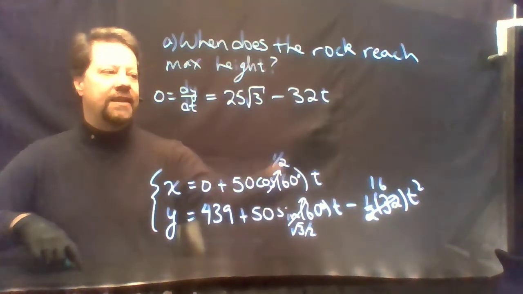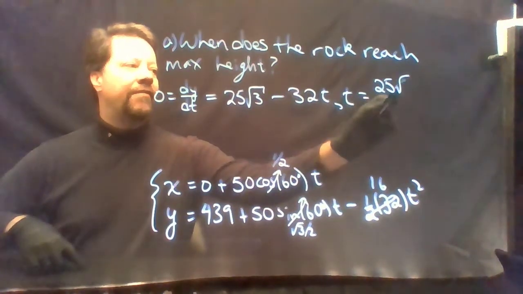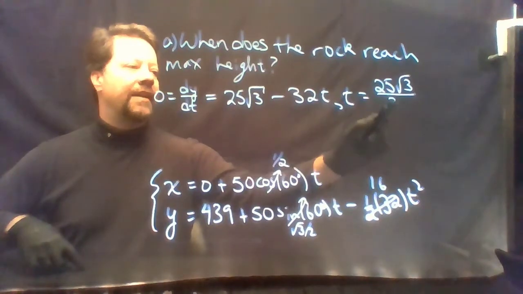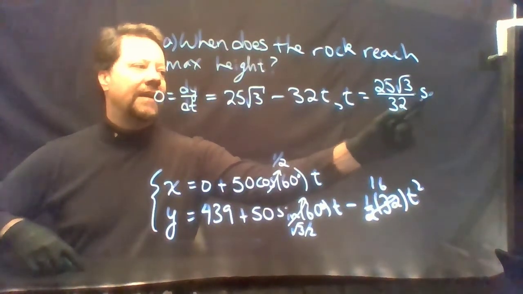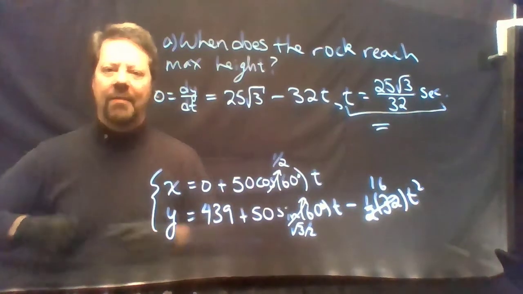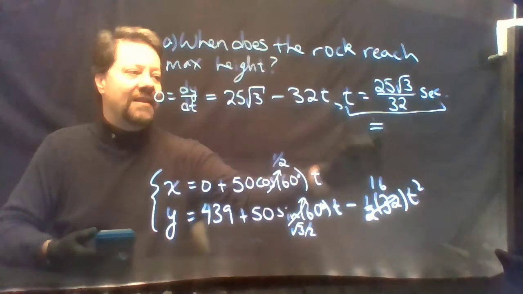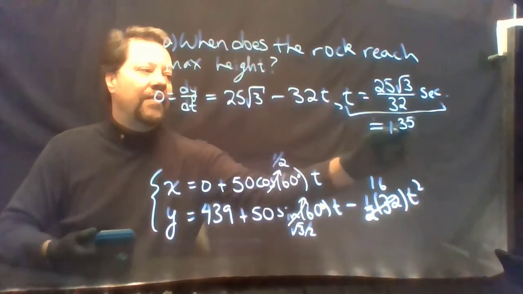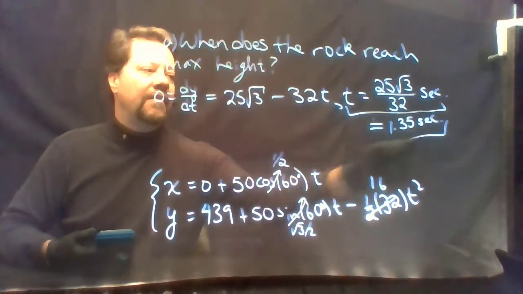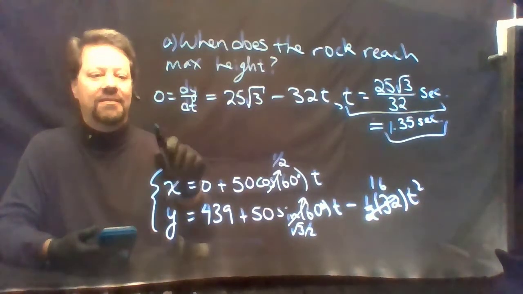We can see then that t would have to be 25√3 divided by 32 seconds. About how much is that? My calculator tells me that's about 1.35 seconds. How high did it go?